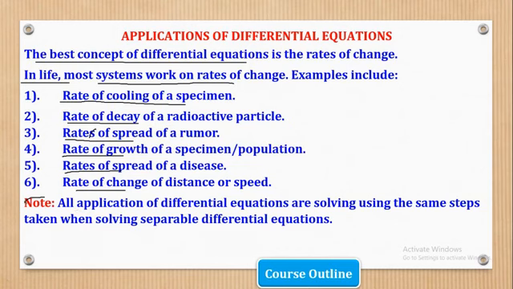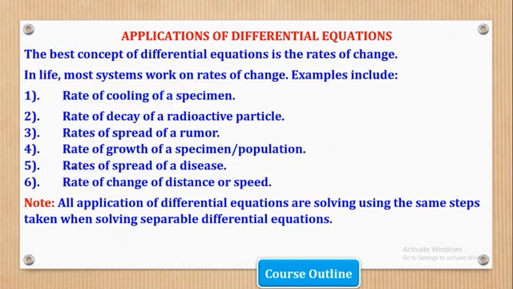Now the good thing is that the methods which are required to solve such questions in application of differential equations were already covered in the previous video of solving differential equations. So if you have not yet watched that video, I encourage you to first watch that video, because the very methods we used are the very methods we are going to use.